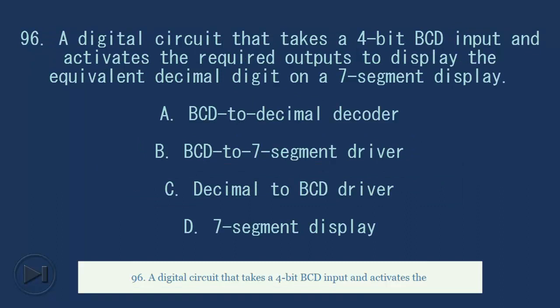96. A digital circuit that takes a 4-bit BCD input and activates the required outputs to display the equivalent decimal digit on a 7-segment display. A. BCD to decimal decoder. B. BCD to 7-segment driver. C. Decimal to BCD driver. D. 7-segment display.